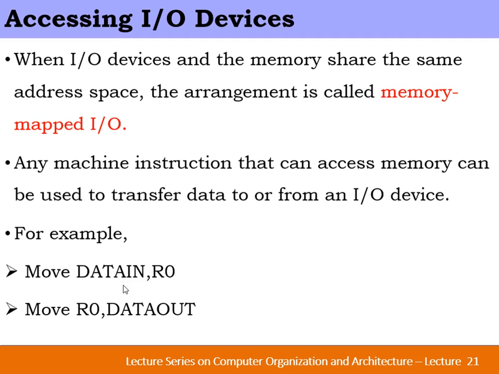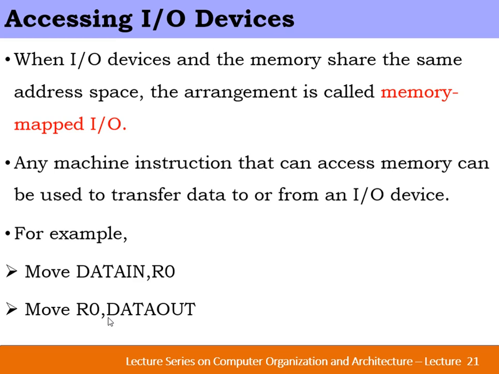MOV is normally an instruction used to access data from a memory location. So the same instruction is also used to access the data from the registers associated with the input or output device.